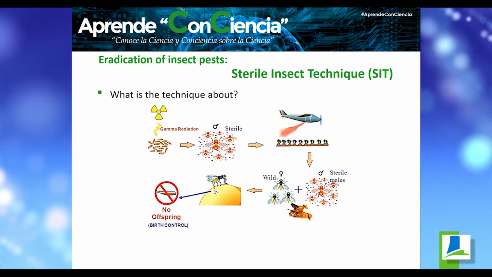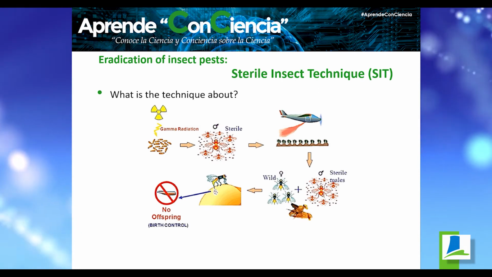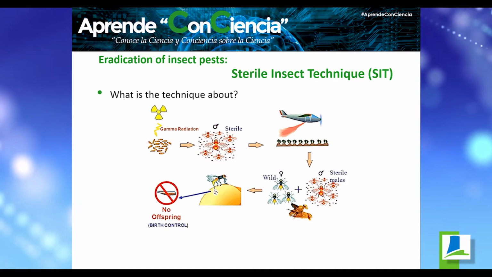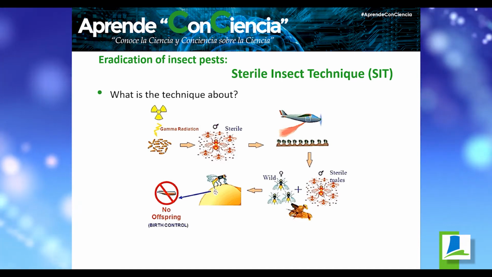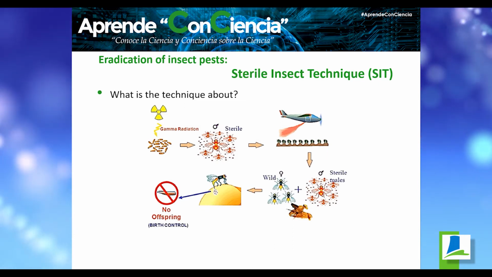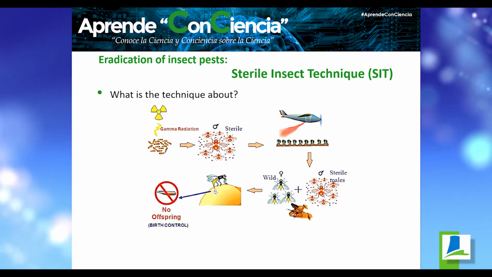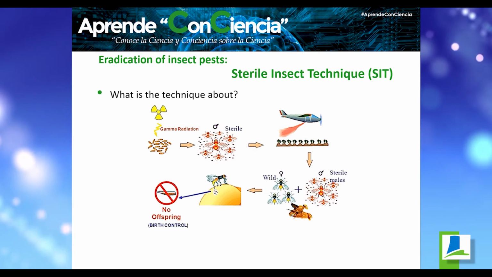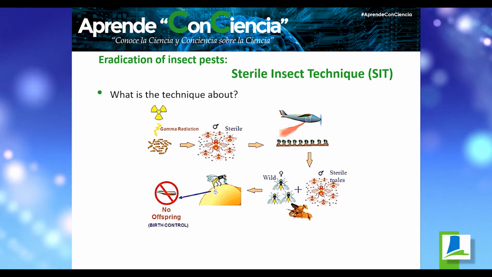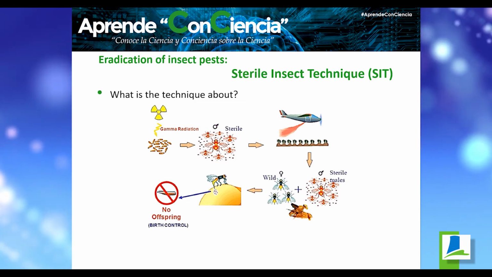The insects are sterilized by exposure to ionizing radiation, either X-rays or gamma rays, before they are released by air over defined areas, where they mate with the wild insects, but no offspring are produced. This way, the number of insects in the pest progressively decreases until the pest is eradicated. It takes some time to completely eradicate the pest, but it is a very effective technique.